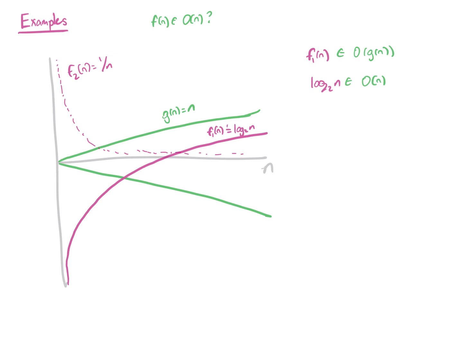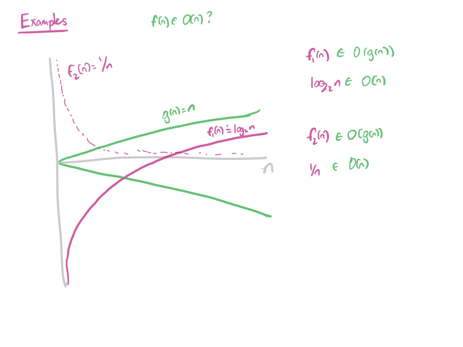It's also going to stay inside that cone, even though it starts off really big. And so similarly here, we would say that f2 of n is in big O of g of n, or we would simply say that 1 over n is in big O of n as well.